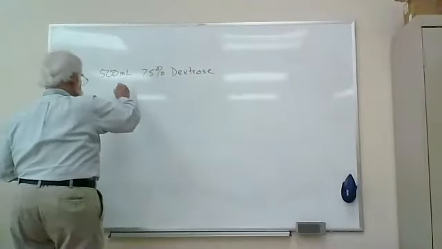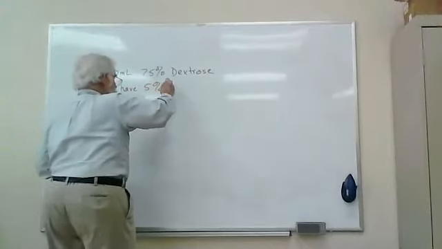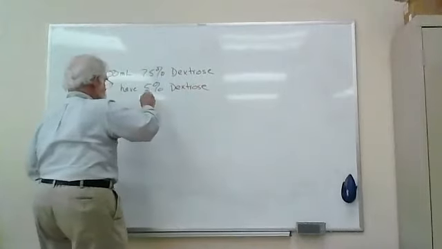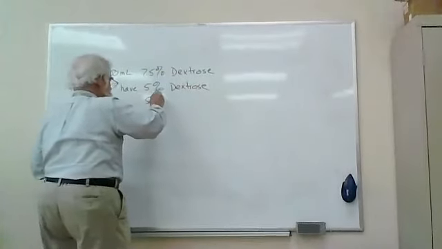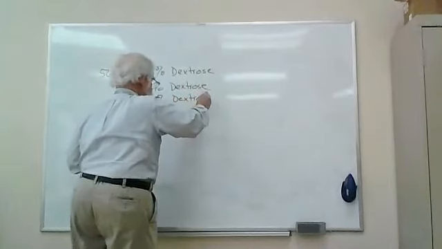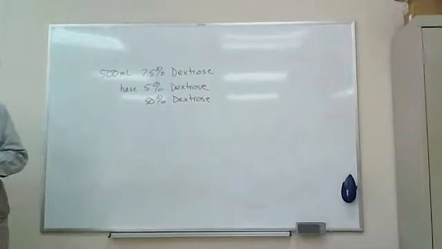We have 5% dextrose, and we have 50% dextrose. And we want to know how much of each of those need to be mixed to give us 500 milliliters of 7.5% dextrose.